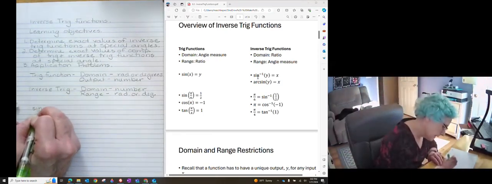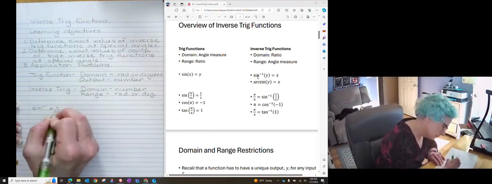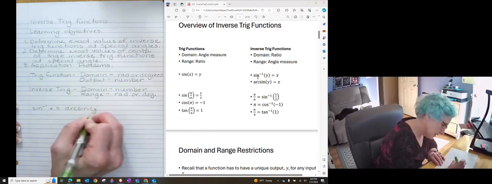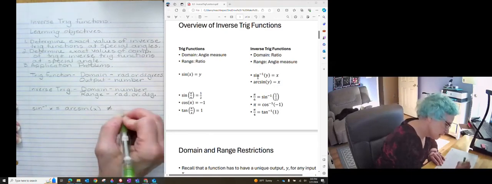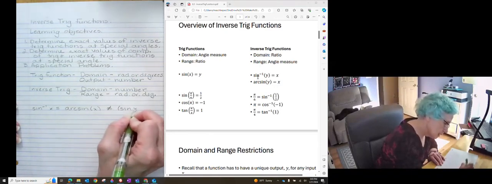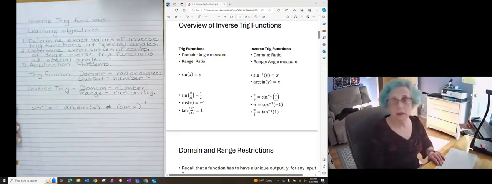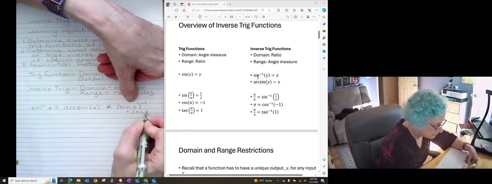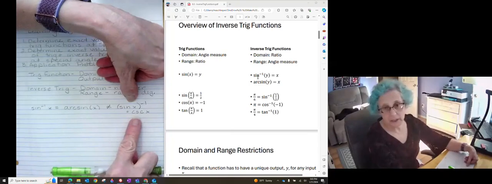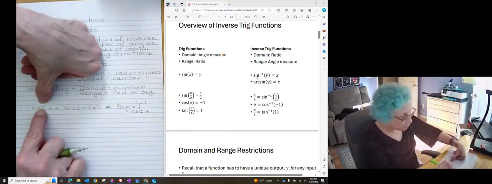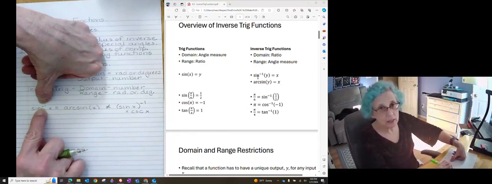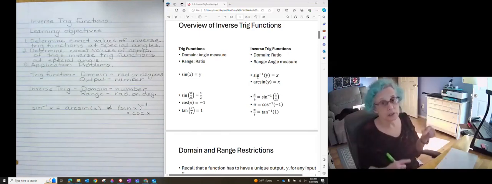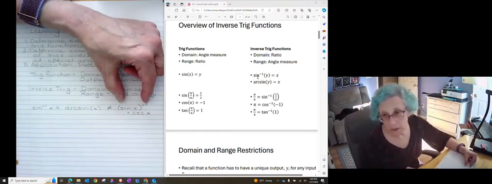So y is equal to arc sine of x, which does not equal sine of x to the minus 1 power. This is cosecant. So if the -1 is sitting right here next to the sine, that means inverse sine, not 1 over sine, which is cosecant.